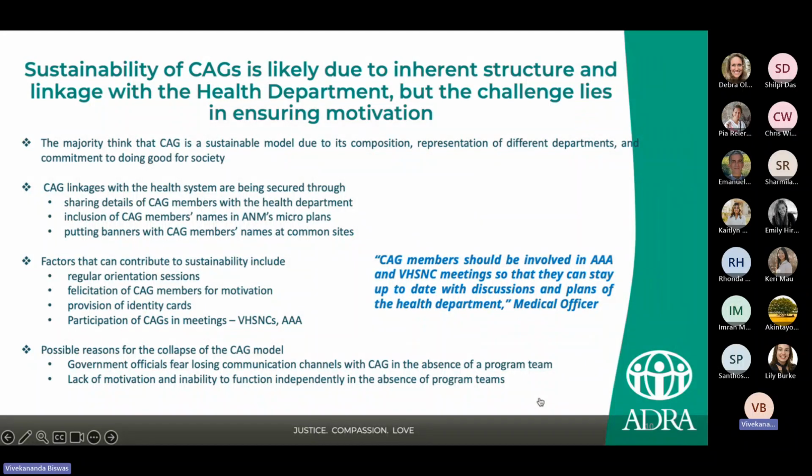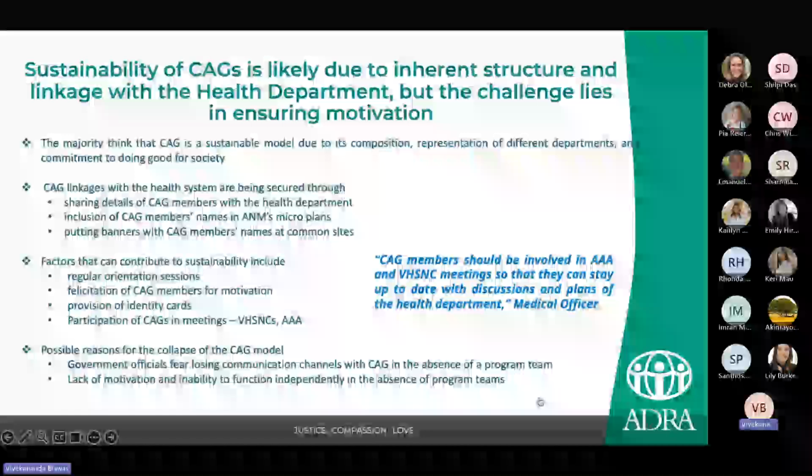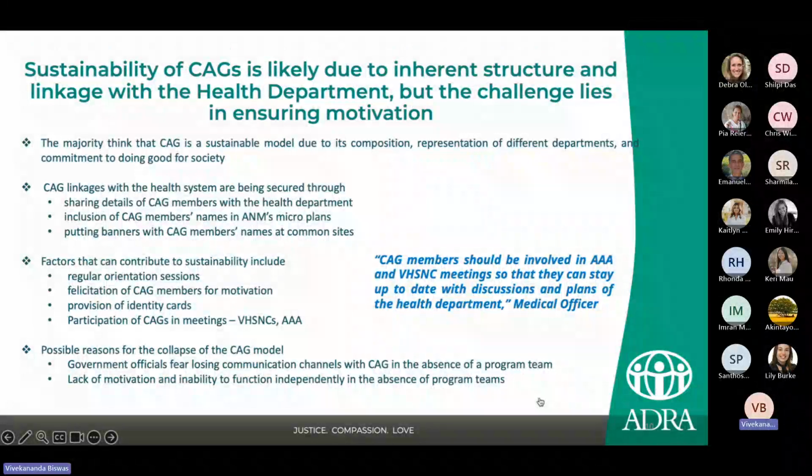Another factor that can contribute to the sustainability is regular orientation sessions. So far, our block level staff and district level staff used to visit and orient them regularly. But now we have moved out from that program, we have closed the CGPP, and before moving out, we withdrew our block level and district level staff.